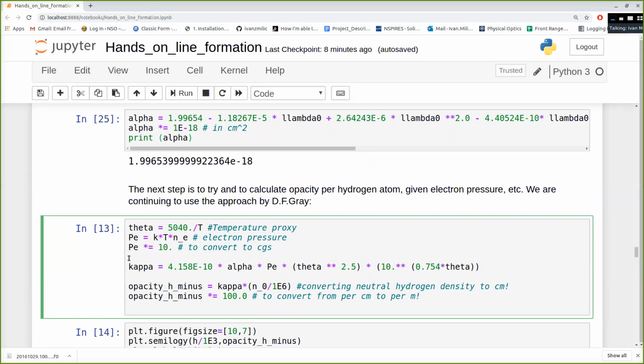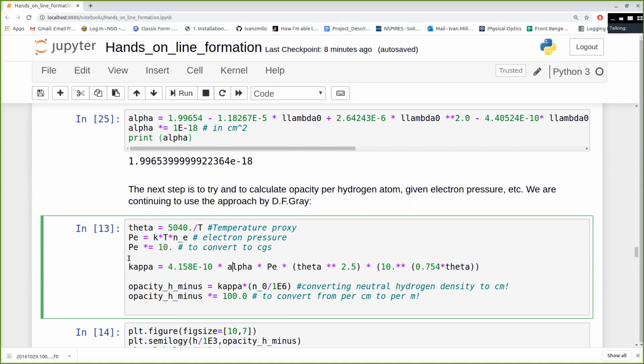I'm using an expression from Gray's book, where you express this cross section in terms of electron pressure and theta, which is temperature scaled in a convenient way.